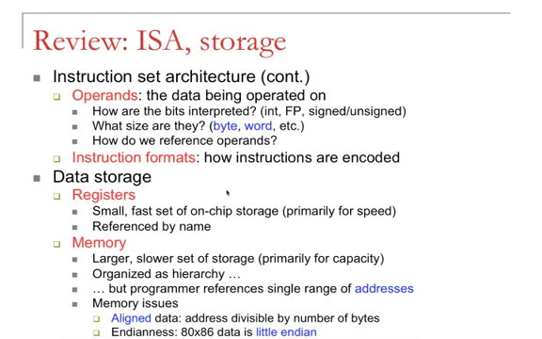You can access a byte starting from address A, a word starting from address A, or even a double word from address A. Depending on the data size, the microprocessor will read or write a number of bytes starting from address A. For memory, we will also need to consider whether the data is aligned or misaligned because of the address.